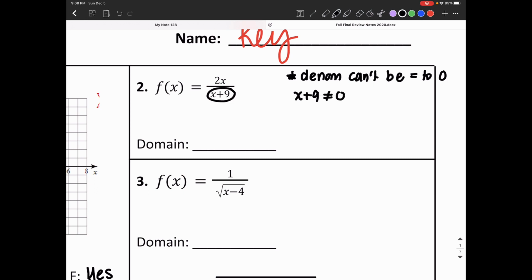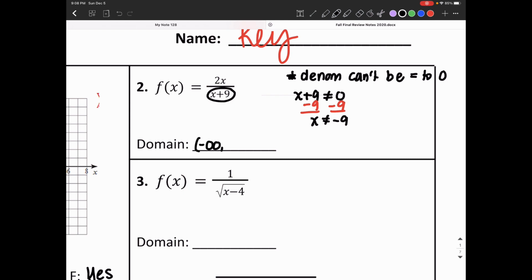And I'm just going to solve that equation for what I know x cannot be equal to. I'm going to subtract 9 on both sides, and I'm going to find that x cannot be equal to negative 9, which means everything else is included except for negative 9.